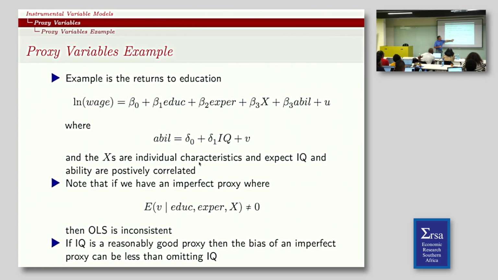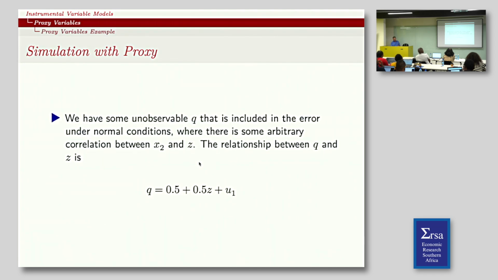Even if we have this imperfect proxy, which means that the V error term in the ability equation is not entirely 0 given the other correlates, ordinary least squares on this regression with IQ is inconsistent. But if IQ is a reasonably good proxy, the bias of an imperfect proxy can be less than omitting IQ, right?